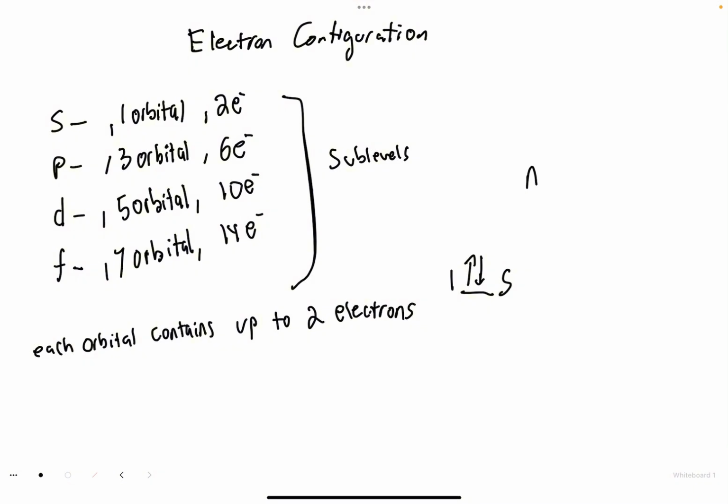That is the Aufbau principle, in which you start from 1s2 and lead up to 2s2, 2p6, so you're going up in energy shells. The other rule is that you need to have one up, one down. This is the Pauli exclusion principle.